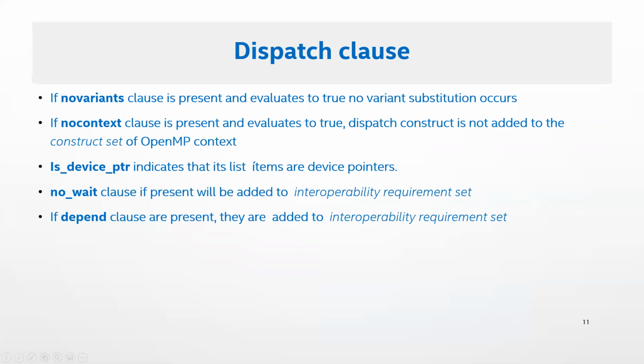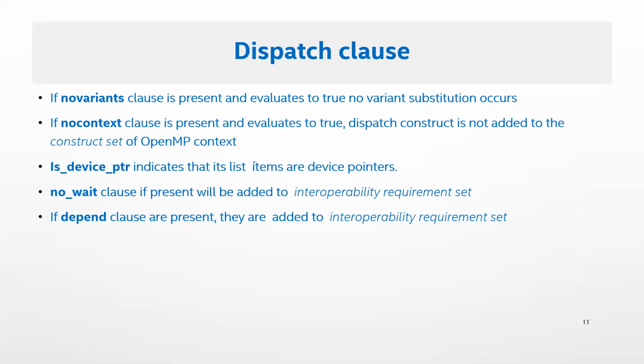Okay, so the dispatch clauses. The way it works is if the novariant clause is present and it evaluates to true, that means you would not substitute the call following this dispatch construct. So you'll be just calling the base function. If the nocontext clause is present and evaluates to true, the dispatch construct is not added to the construct set of the OpenMP context.